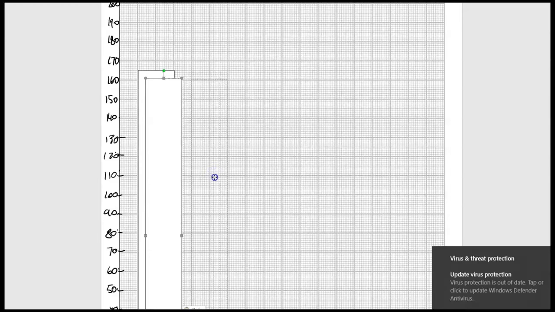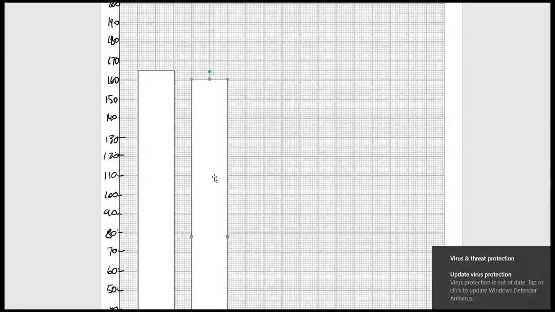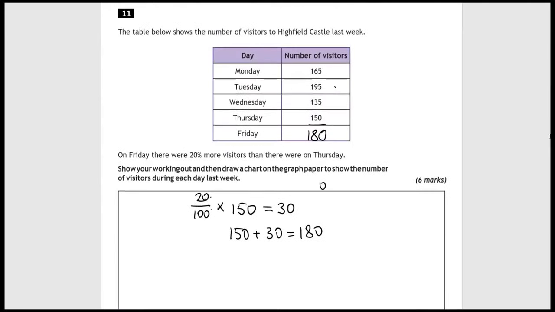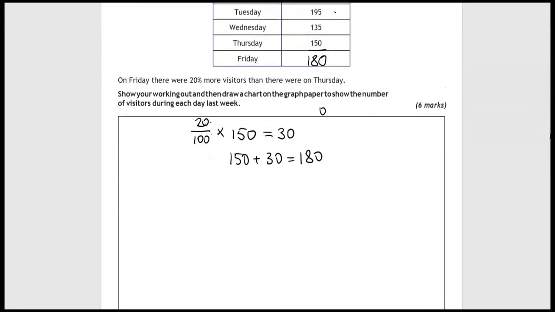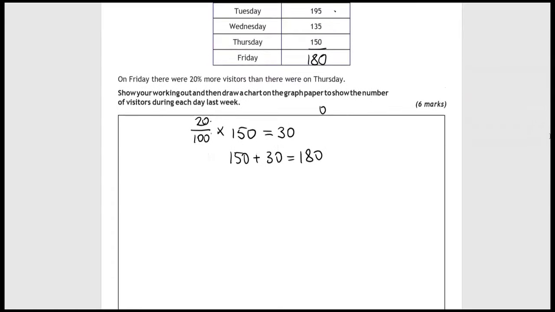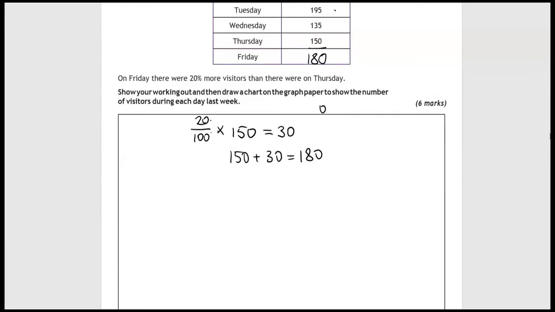For Tuesday, we are going up to 195. Then 135 for Wednesday, 150 for Thursday, 180 for Friday.